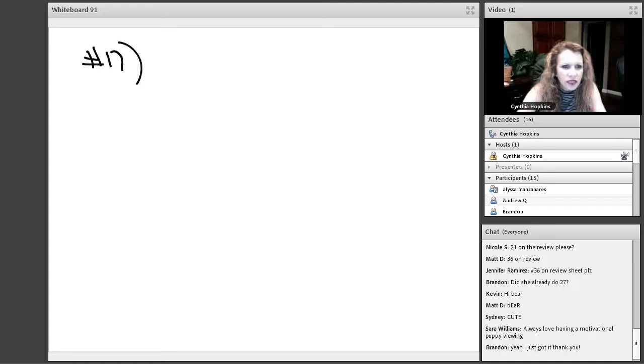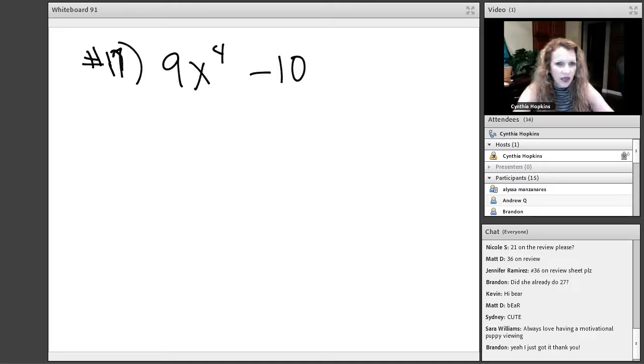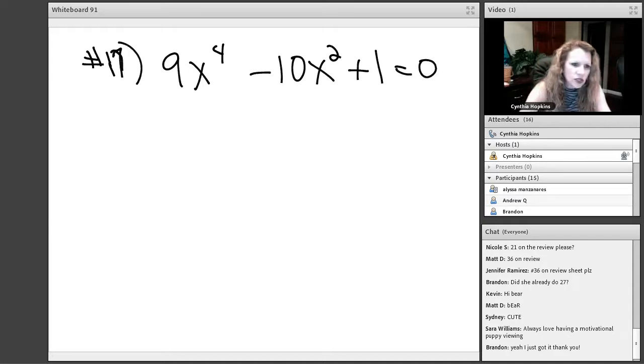And then 17, you've probably forgotten about this concept. And people who are not in my class, I'm not sure if your teacher taught it to you this way, but here's what the book was teaching when they had x to the fourths like this. They were asking us to solve this as if it was in quadratic form. So I'm going to use the letter t, and I'm going to go right here to my variable in the second term.